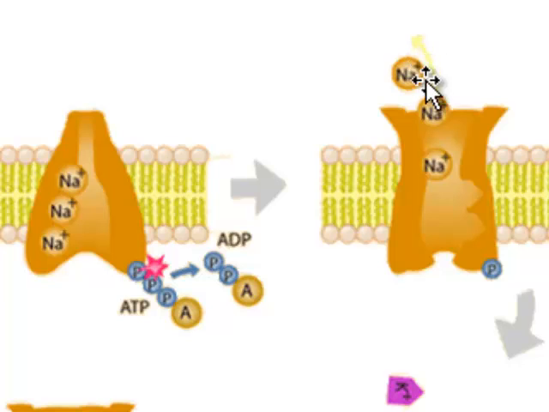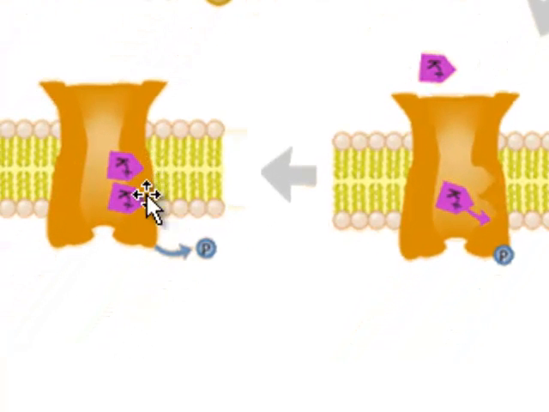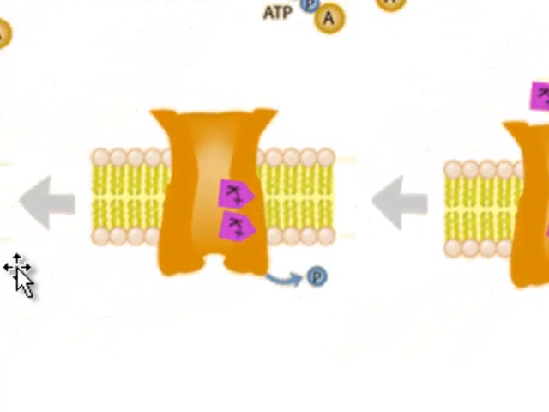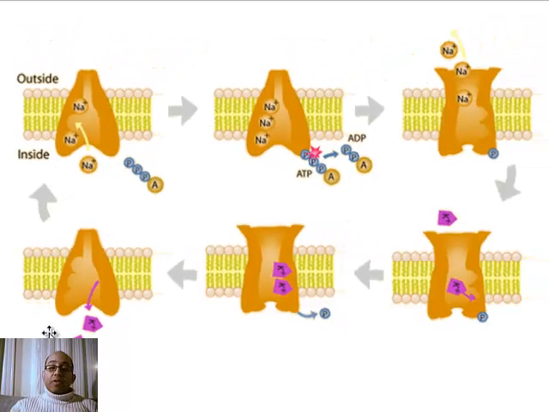Then, when those sodium ions are released, the potassium ions can bind to these empty slots inside the transmembrane protein. When it does that, the phosphate gets released and the transmembrane protein goes back to its original conformation, allowing the potassium ions to be released into the cell, so that this process can happen again.